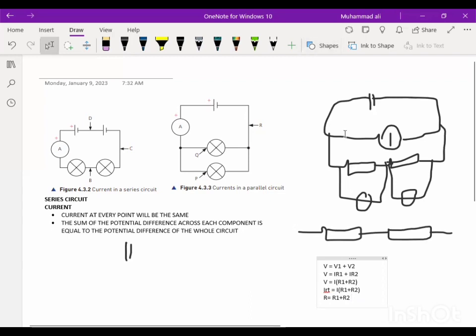So I can say that, first of all, let me erase this. In a series circuit, the effective resistance R is the sum.